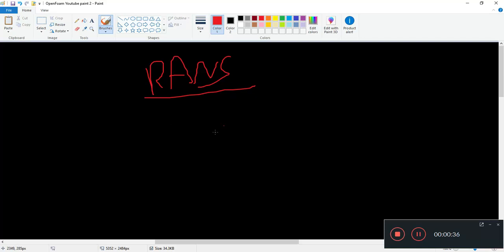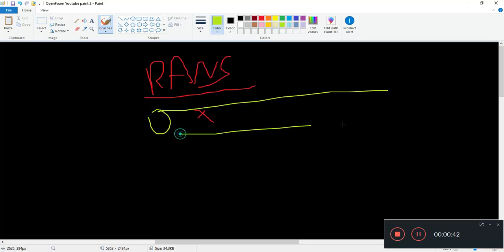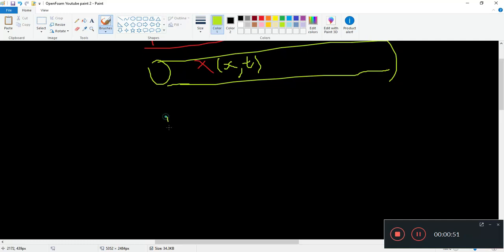Basically, let's say you take a point in the fluid, you have a pipe here, a very long pipe, and there's some turbulent flow in there. You take a point at x and t, at some time, and you try to average that velocity.